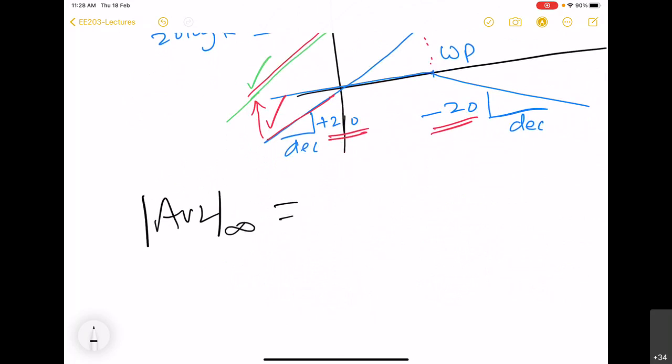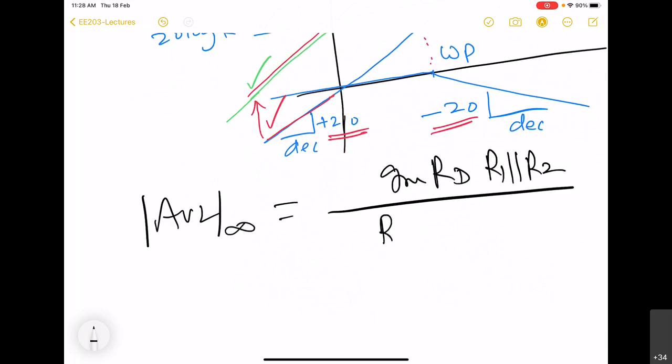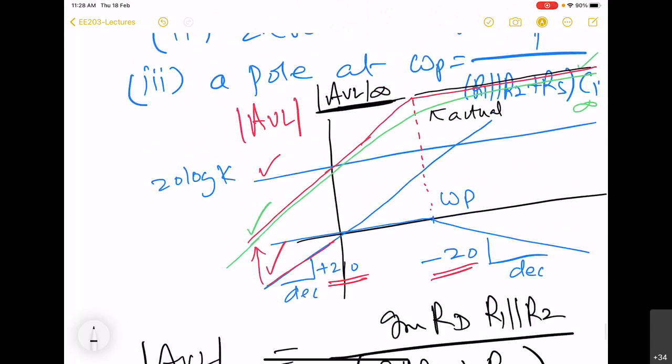At infinity its value just now we saw magnitude is GMRD R1 parallel R2 divided by R1 parallel R2 plus RS. So this is going to be the value at infinity, or this value.